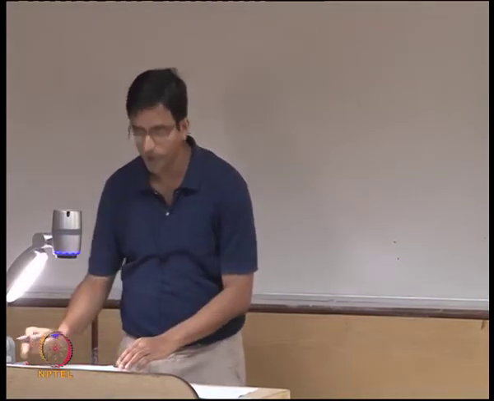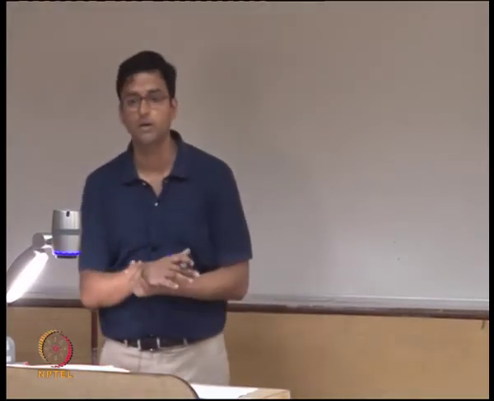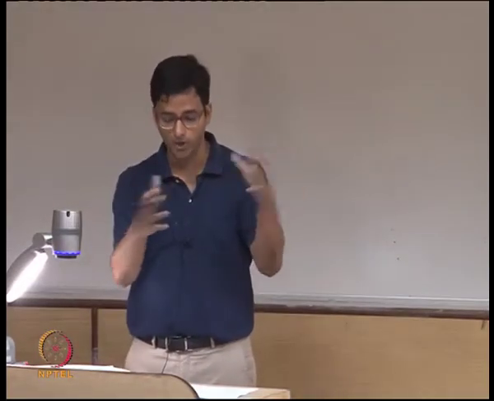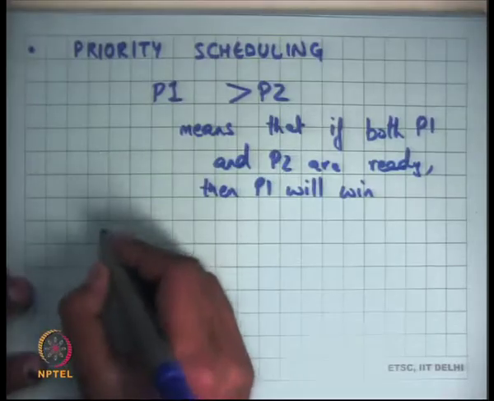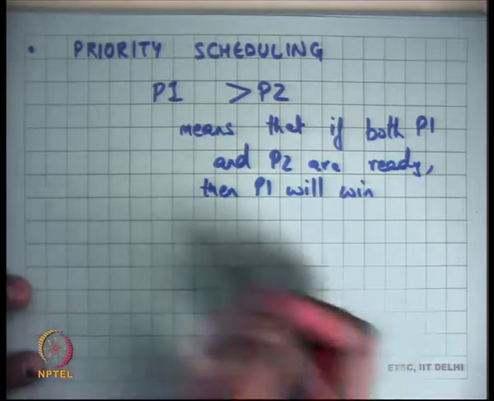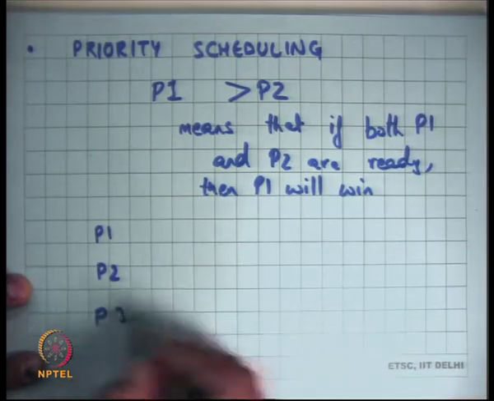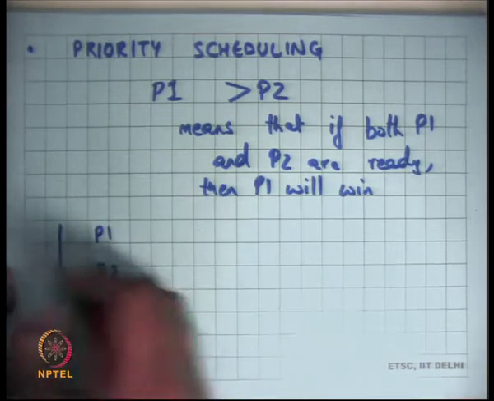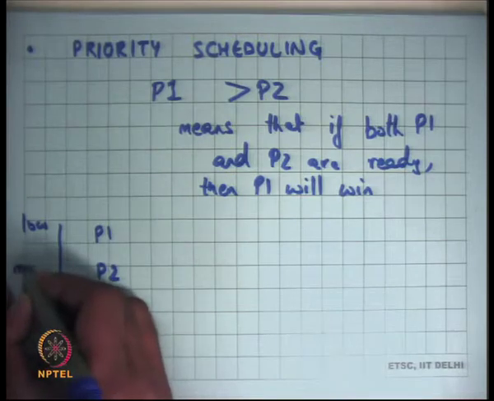Now, when you do priority scheduling, you basically want strict priority orders between these different jobs. But there are issues with that. So let's say there were 3 processes, P1, P2, and P3, and let's say the priority order was low priority to high priority, and P2 is medium priority.